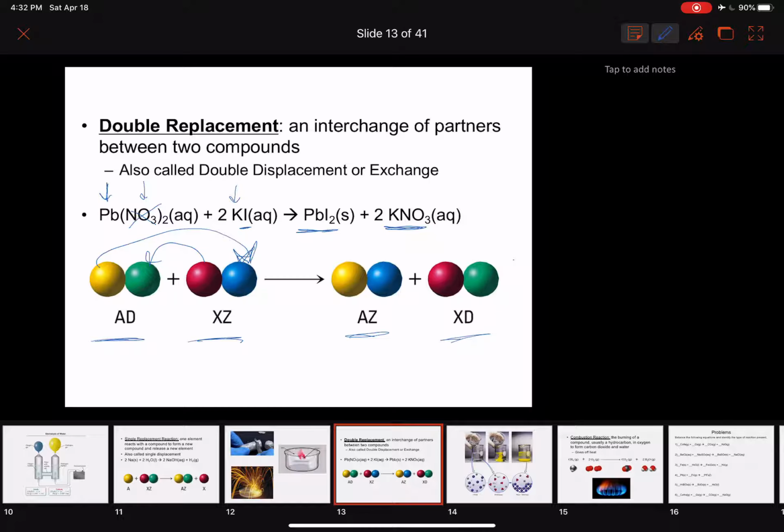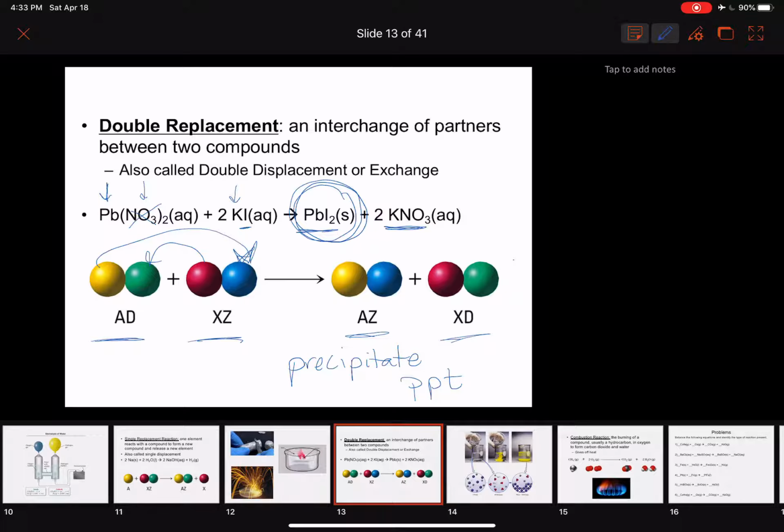Now, what's driving this reaction is the formation of this solid. We'll also call it a precipitate, and that is sometimes abbreviated PPT. So if you see precipitate or PPT, it means that you're forming a solid.